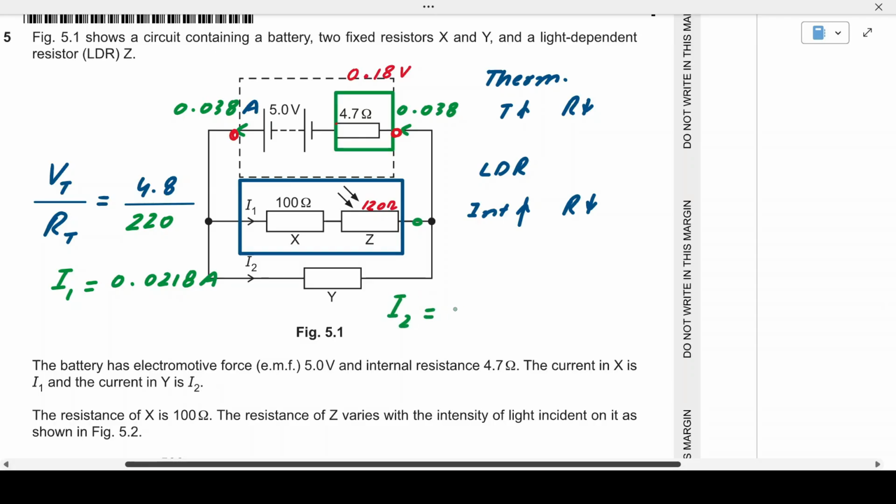So I2 would be equal to the total current, this one, minus the current that flows in the upper branch. So if I subtract these two, 0.038, I get 0.016.